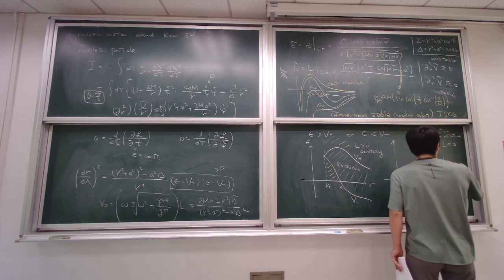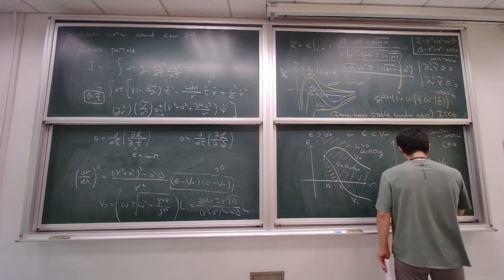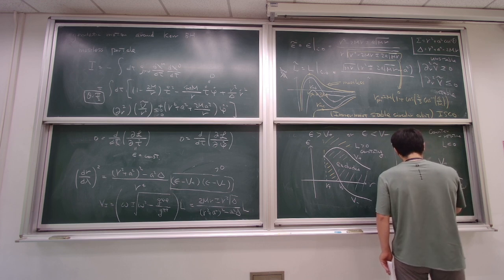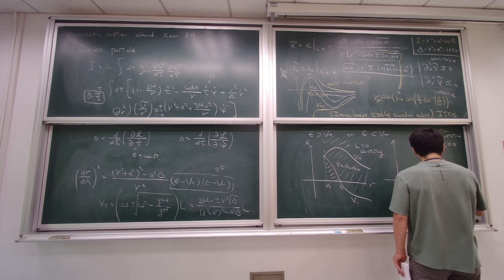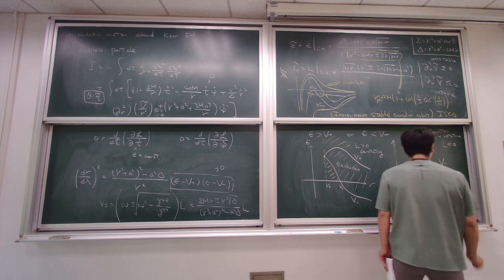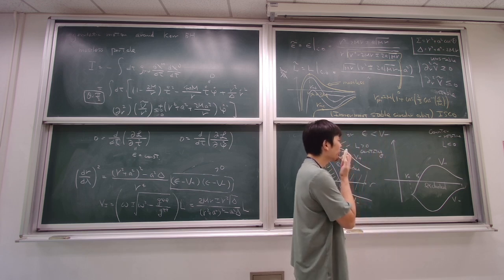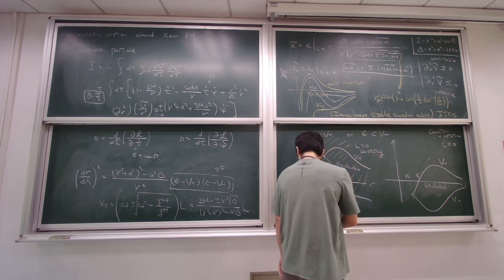This is B plus and B minus, and here you have R, R plus and R zero, and this is the excluded part.